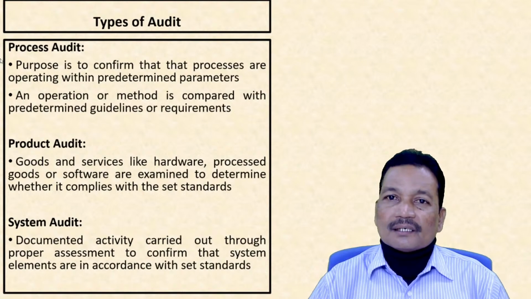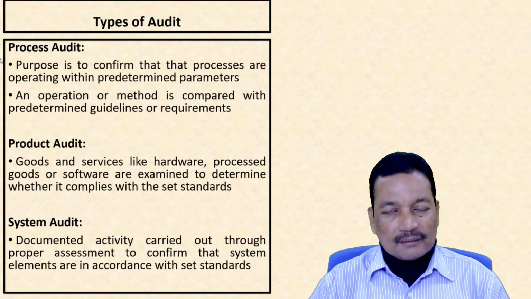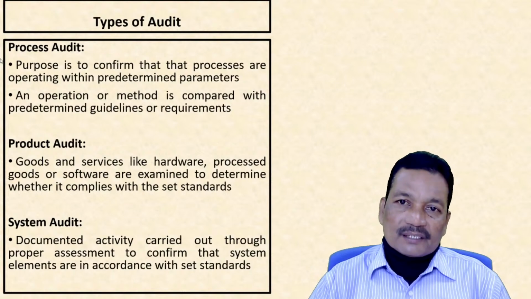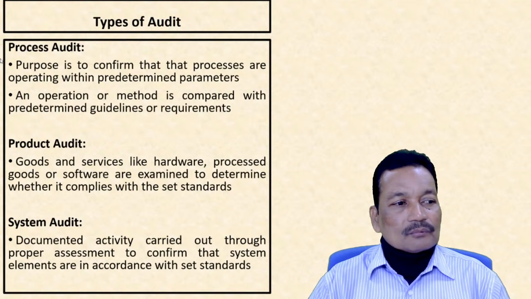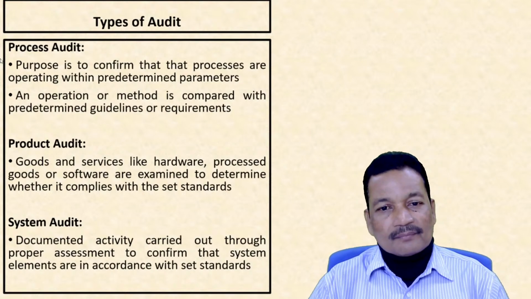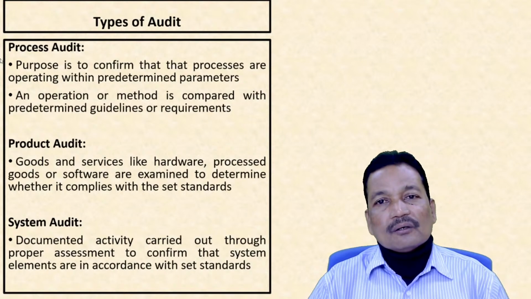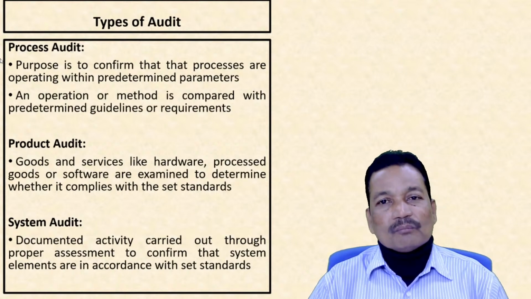Hardware means the things that we can touch, we can feel, we can see, having physical dimension, etc. We try to create goods or products in that fashion. Processed goods, from a given input which is processed into another form.